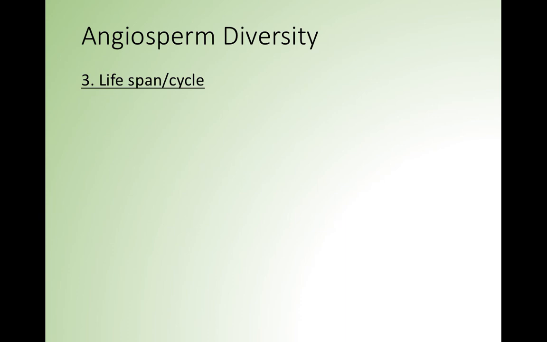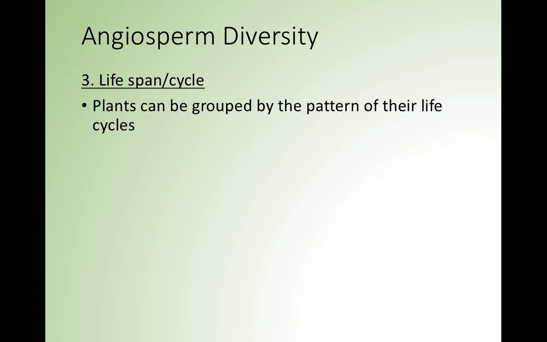Okay, and then the third way we can group angiosperms is by their lifespan or life cycle. So if you've ever planted a garden, you know that many flowering plants usually grow, flower, and die within a single year. But there are some plants that need more than 1 year. So we can use this characteristic to divide up angiosperms.